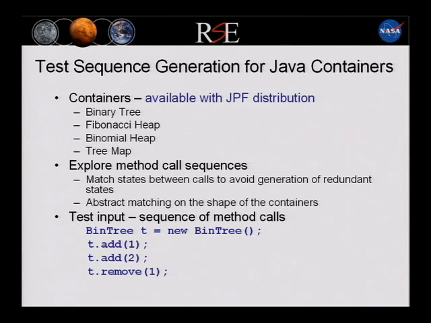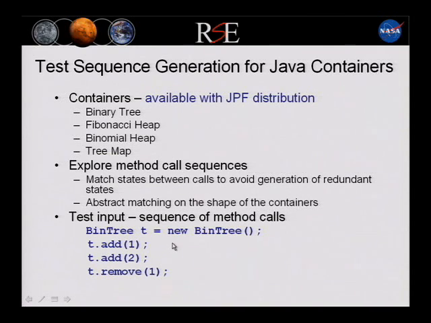Here we did a simpler abstraction than the one that I described, where we just compared the shapes of these containers between method calls, and we threw away the numeric data encoded into these containers. So the output of the technique is a sequence of this form. First you would create the binary tree, and then you would add 2 values and maybe remove 1. This is a test case for us.